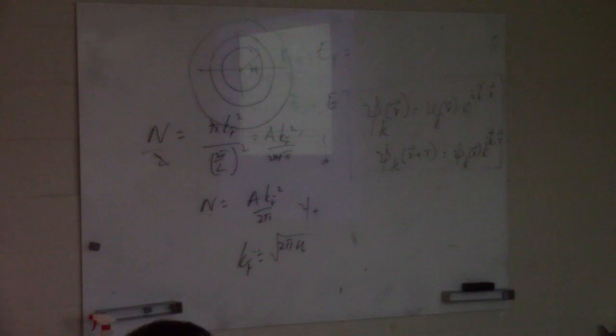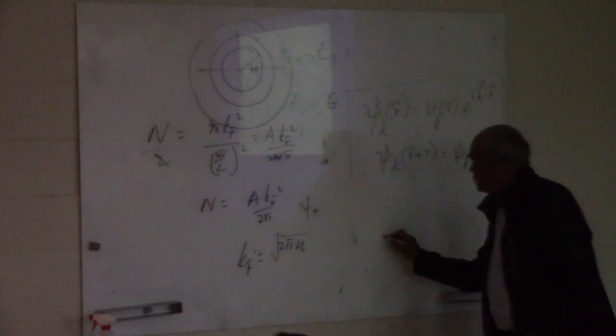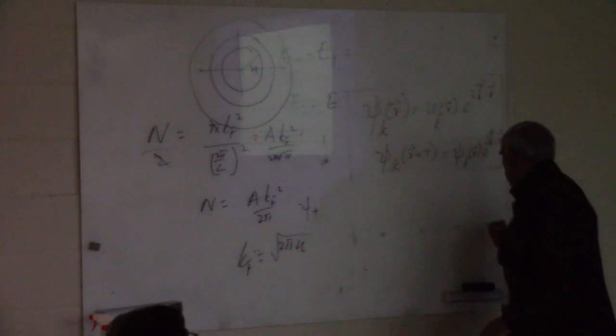So now let's look at what this wave function means. Suppose your psi k is this psi k, you need to have some u k, right? That should be periodic. That means at each lattice point, you should have the same function, right?